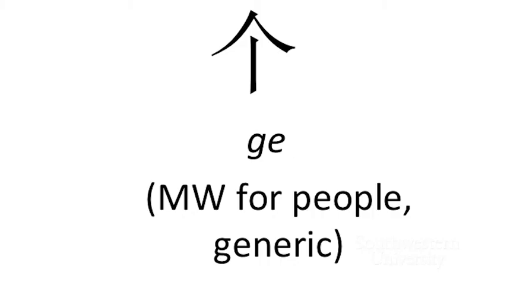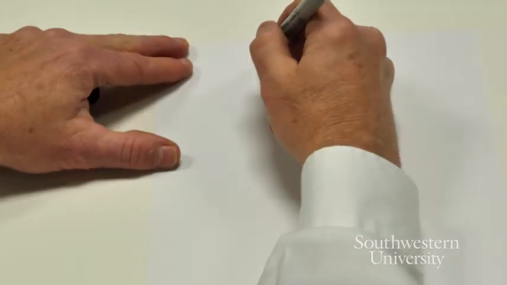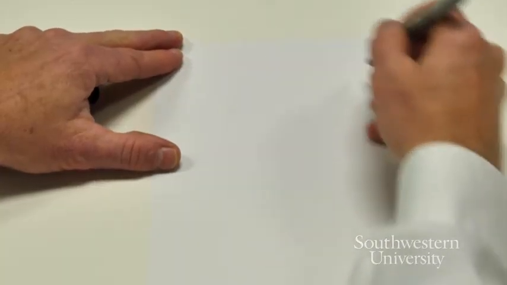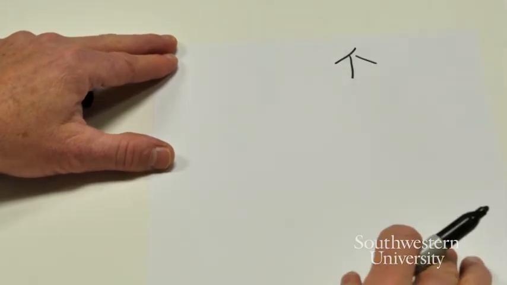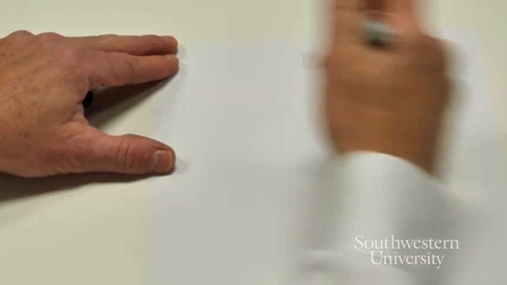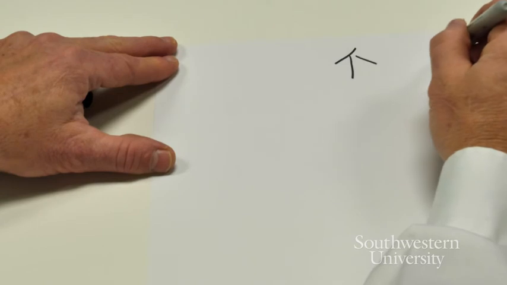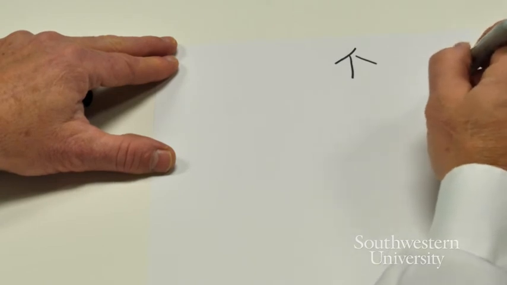The next character, ge. This is the generic measure word. It just looks like an arrow pointed up, but it's understood to be a node or a section of bamboo. I suppose the section of bamboo would look like this. I don't know.